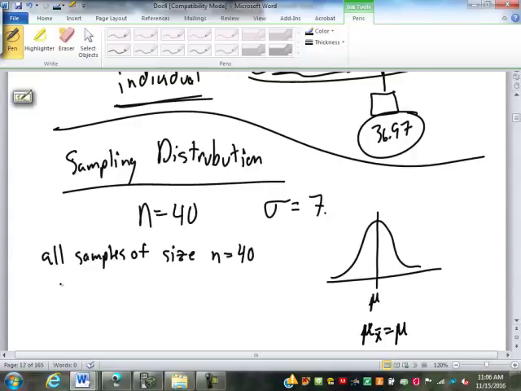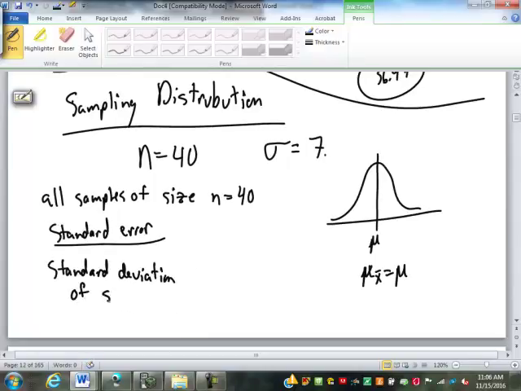What I want to talk about is called standard error. Or this textbook actually refers to it as the standard deviation of the sample means. And that standard deviation of the sample means, which is sigma x bar, is equal to the population standard deviation divided by the square root of the sample size. So for this, it's going to be 7 divided by the square root of 40.